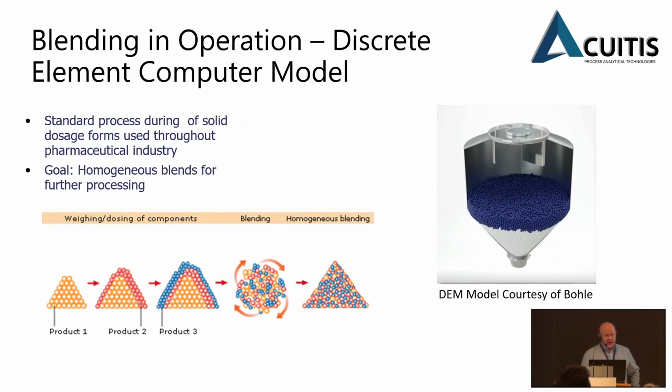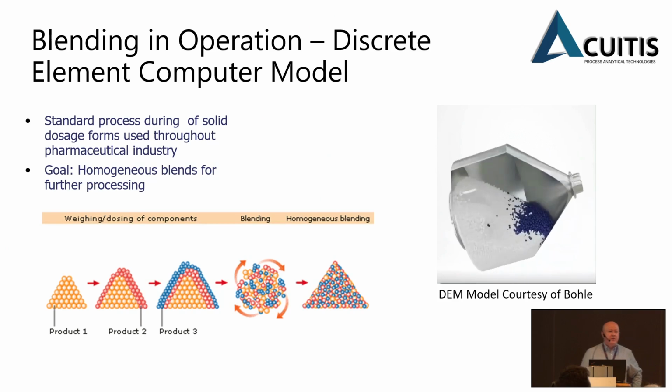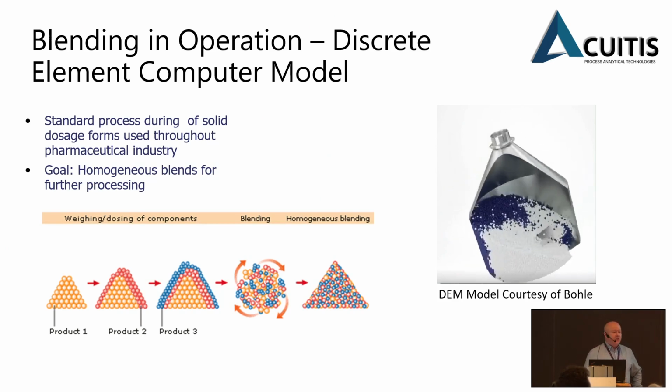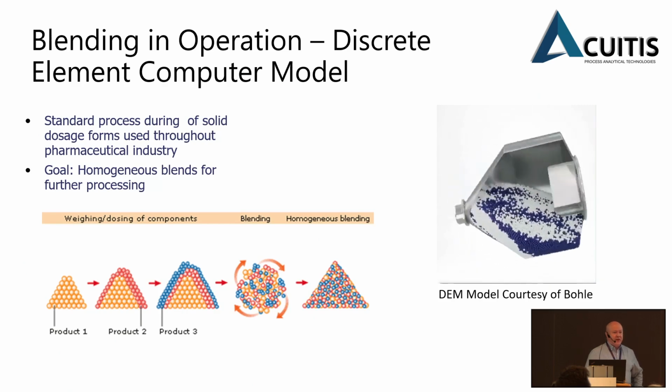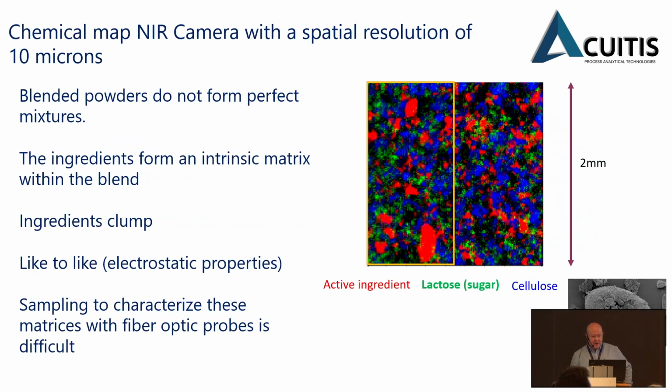So in concept, it's fairly simple. We take raw materials and we add our API to it and we mix them, and hopefully we form a uniform mixture that's suitable for safe and effective and efficacious medicines for our patients in the end. There's a slide here that I've stolen from Steve that he might use again later, but the important thing to understand is that blends often don't like to behave well.